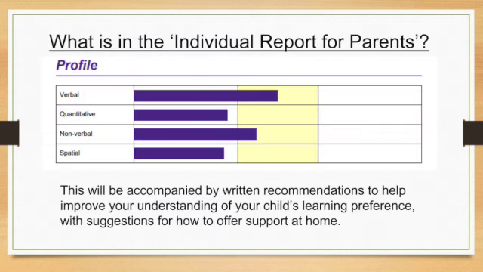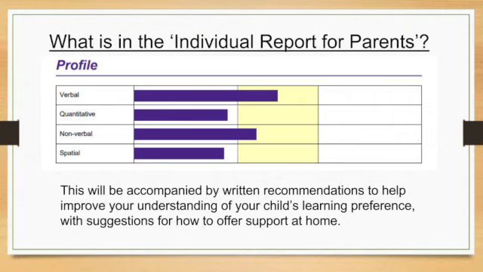So then when your child has completed the CAT4, it is sent away for scoring and it is sent back, and this is the report that you will receive. It's called the individual report for parents, and you can see the yellow band here is the average band.